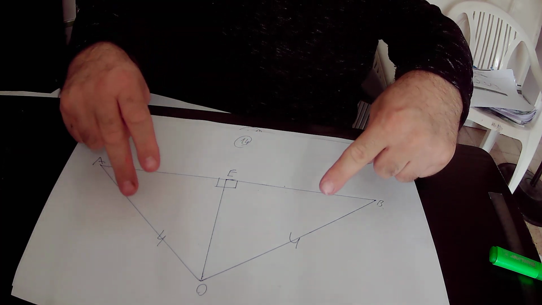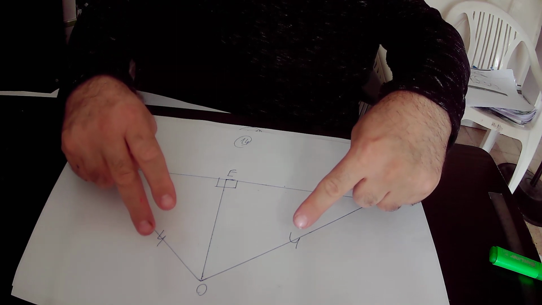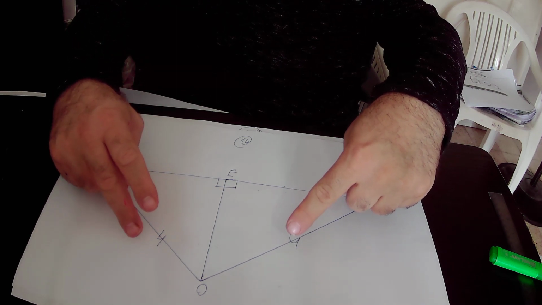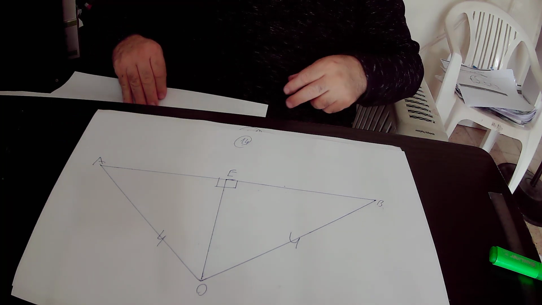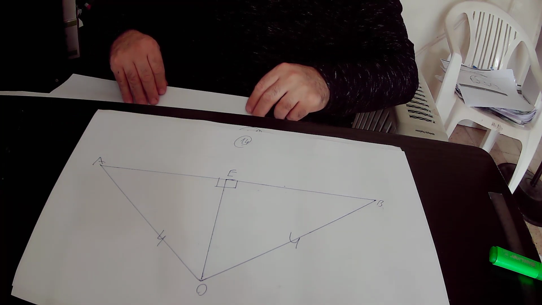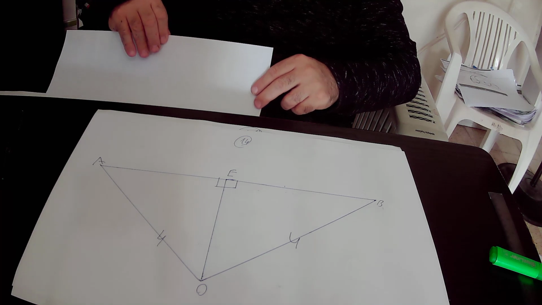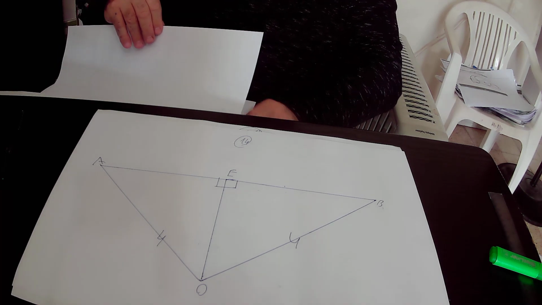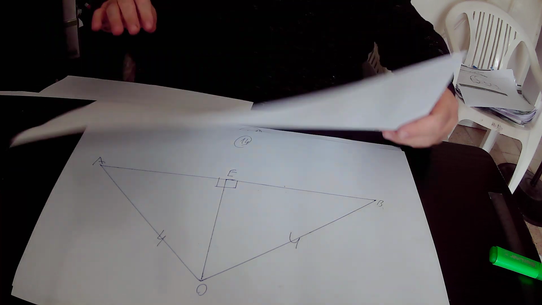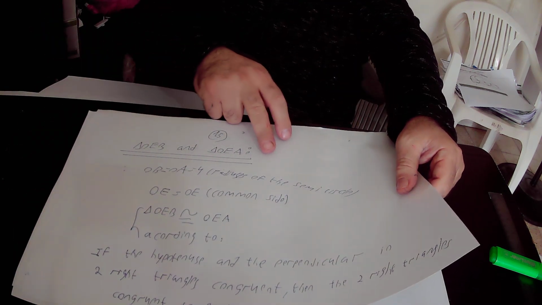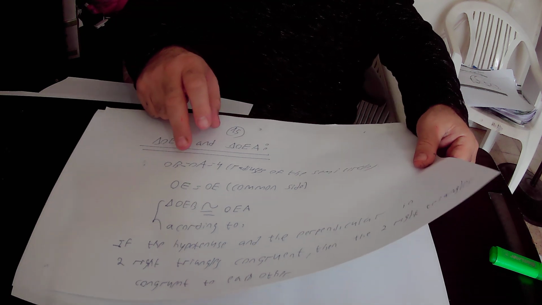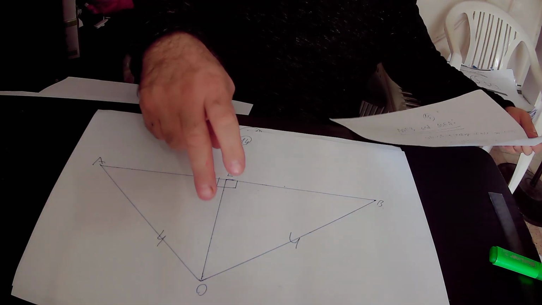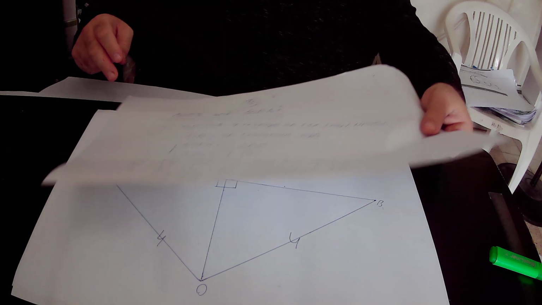Because they have the same hypotenuse: AO equals BO equals 4 units. This is the radius of the semicircle that equals 4 units, and OE is a common side, it belongs to both triangles, so OE equals OE.